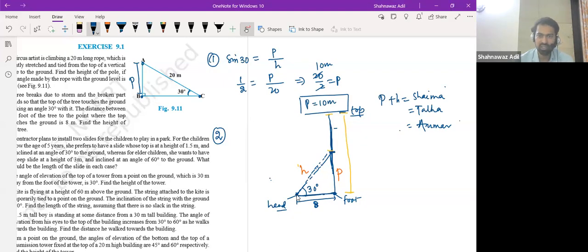Shaima has said that the total height would be this perpendicular plus this hypotenuse. So what are your thoughts? Is this correct or incorrect?